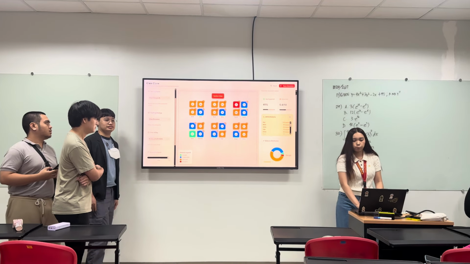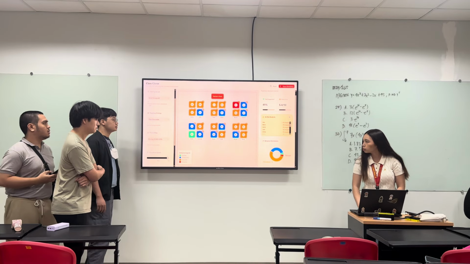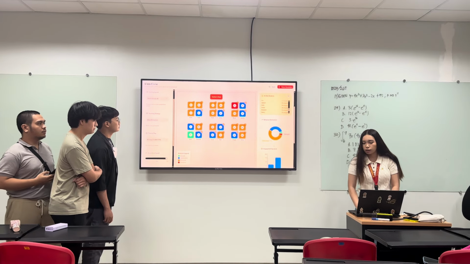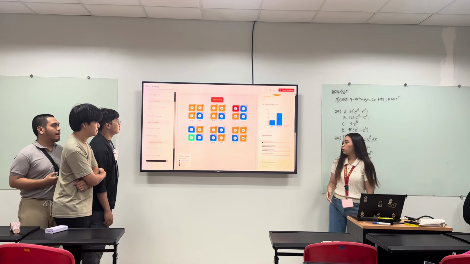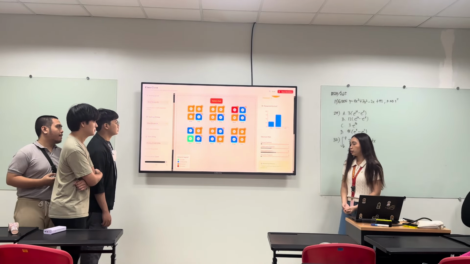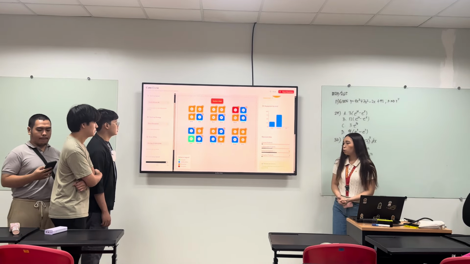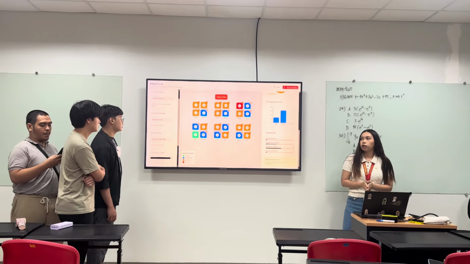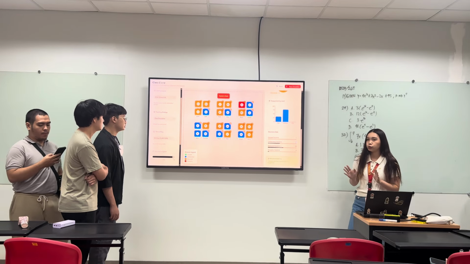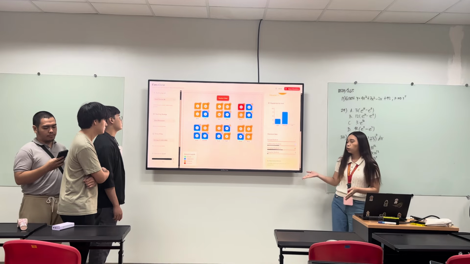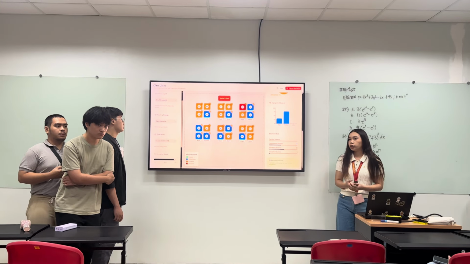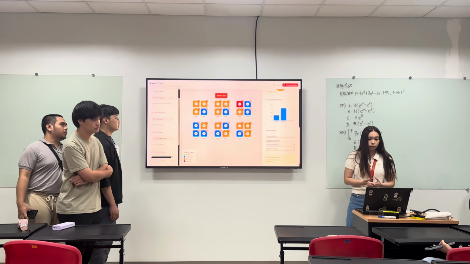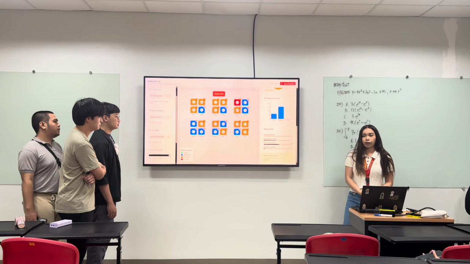And here are sample names of the students, their behavior statistics, and classroom statistics. Finally, we have a recommendation generated by the simulation. For example, if the noise level is high or the engagement is too low, the simulation will suggest to adjust the teaching strategy or the seating layout.